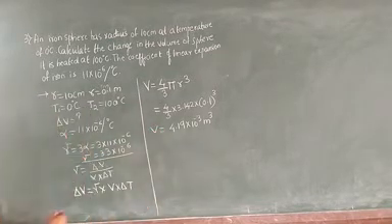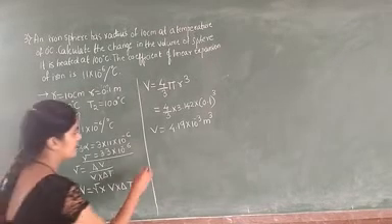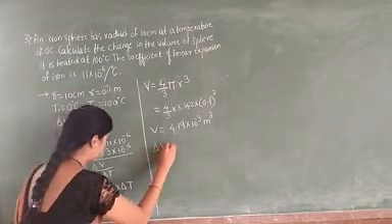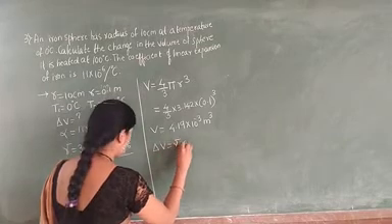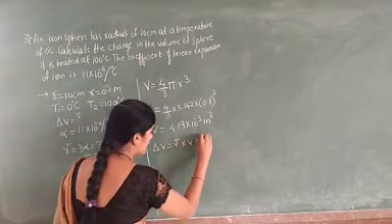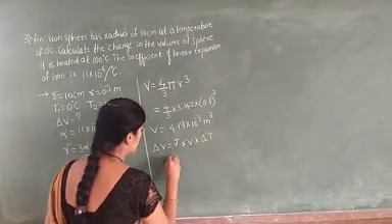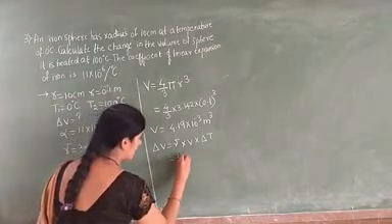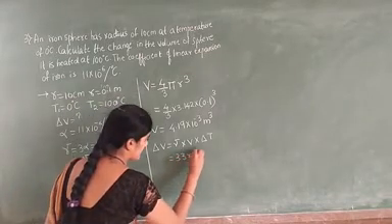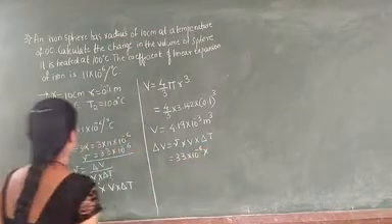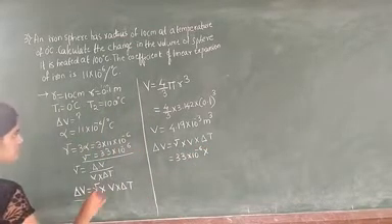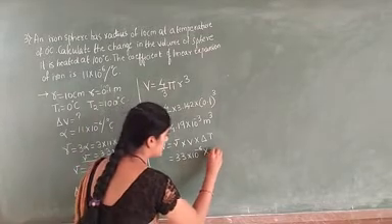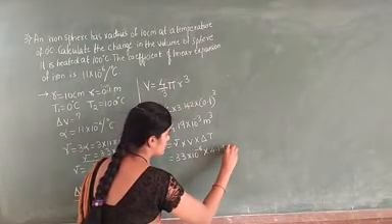Now next, we have to find the change in the volume. Therefore, delta V is equal to gamma into V into delta T. Now put all the values. Gamma is 33 into 10 raised to minus 6. V is 4.19 into 10 raised to minus 3.